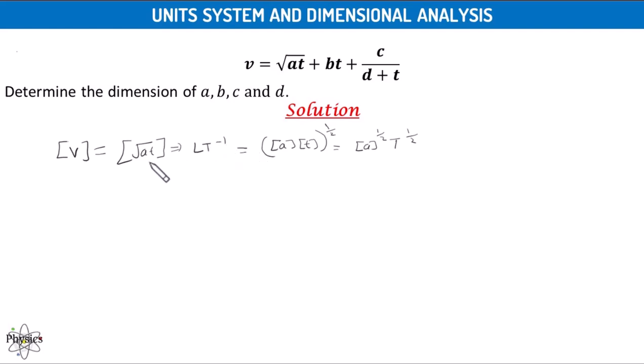So what we need to do is square both sides. If we square both sides, we are going to have L squared T minus 2.